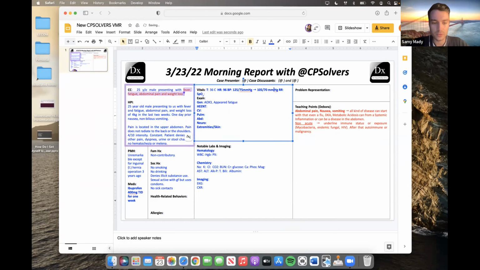His HEENT exam was basically unremarkable. The tongue was dry, otherwise it was unremarkable. Anicteric sclera, no pharyngeal erythema, no cervical lymphadenopathy. Cardiovascular exam was also basically unremarkable. No murmurs, rubs, or gallops. Lungs were clear to auscultation bilaterally.